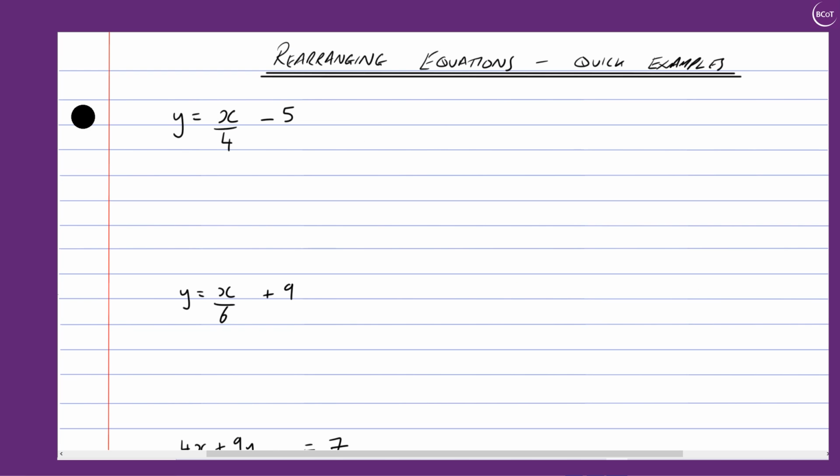And then if we have y is x over 4 minus 5, well, we've got a plus or minus, so we can move the minus 5 to the other side, to the left-hand side, with change the side, change the sign, so it gives us y plus 5 is x over 4. And then multiply both sides by 4, but we have to multiply all of the left-hand side by 4, not just the y.